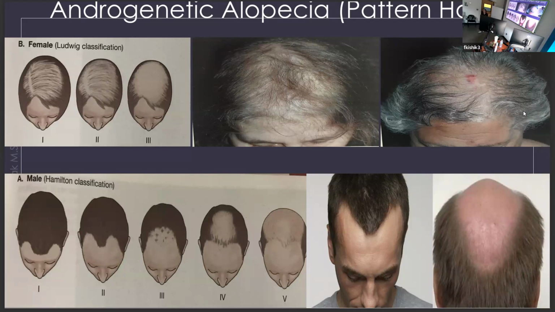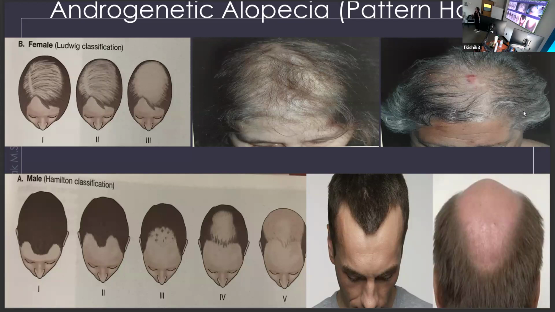What DHT does in these genetically susceptible individuals is it binds to receptors on the hair follicle and turns on certain genes, which leads to a certain pattern of hair loss. In addition to that, it causes miniaturization of the hair follicle. It causes it to get smaller and smaller over time, by shortening the anagen phase, that growth phase.